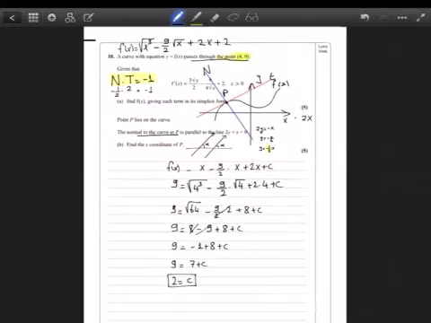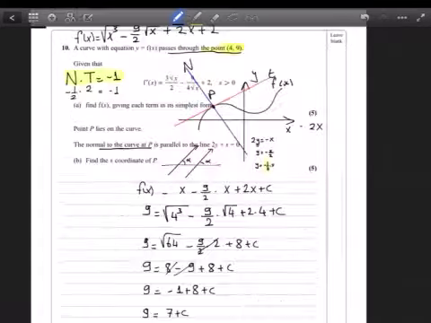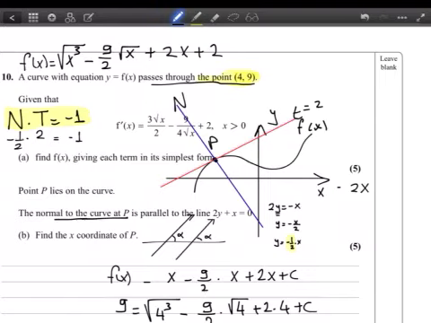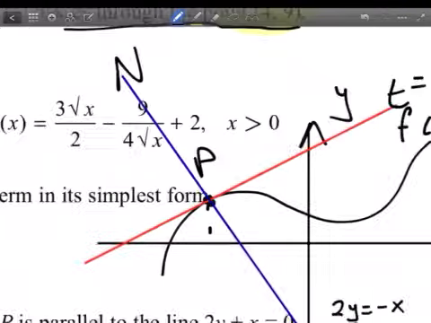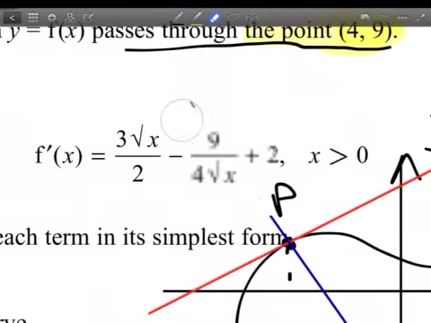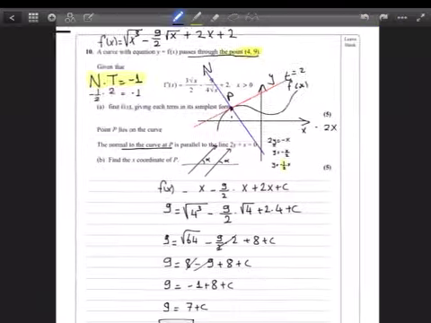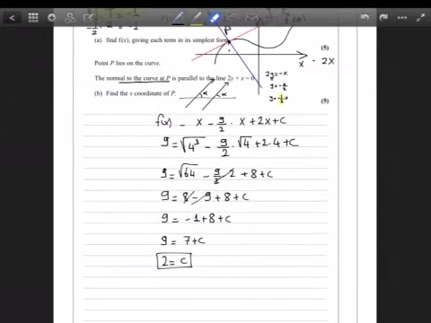And we can say that the tangent slope is 2. What does it mean? What does it mean that the tangent at point P is 2? That means, let me write this information here.